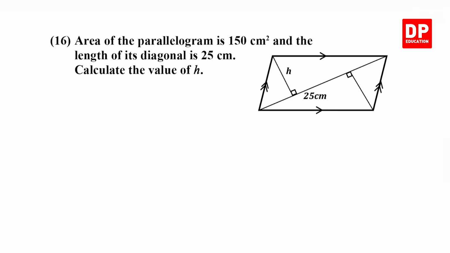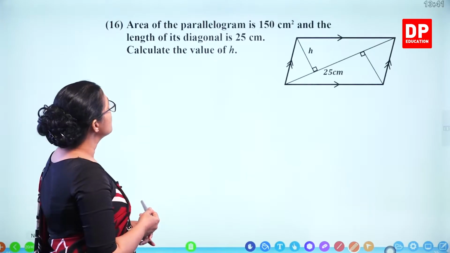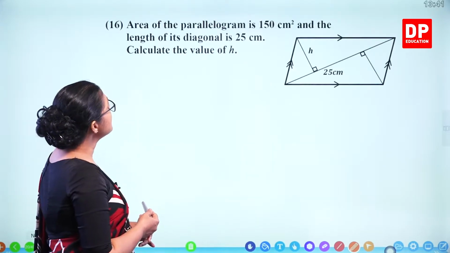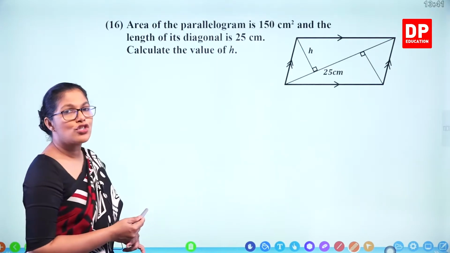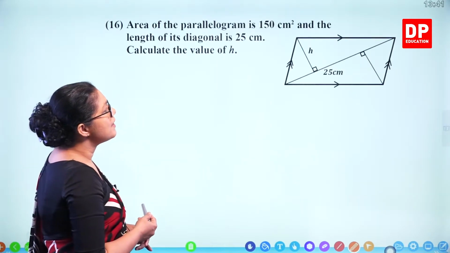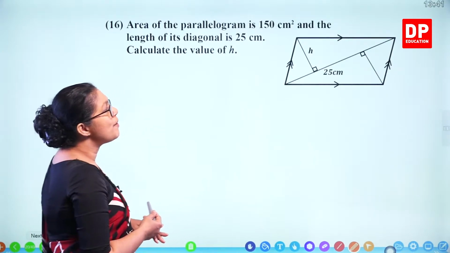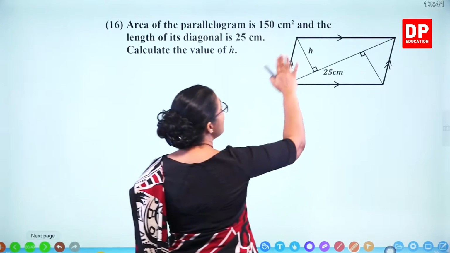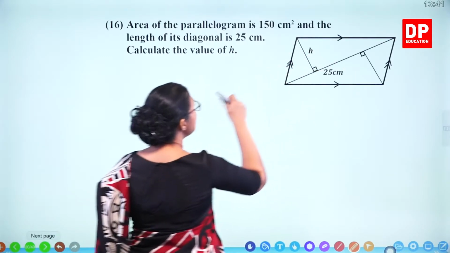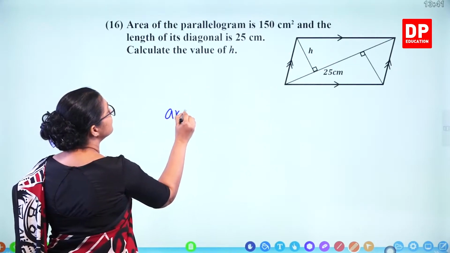Question number 16. Area of the parallelogram is 150 square centimeters and the length of its diagonal is 25. Calculate the value of h. We know the diagonal bisects the area of the parallelogram. So 150 is the full thing. So what is the area of a triangle?